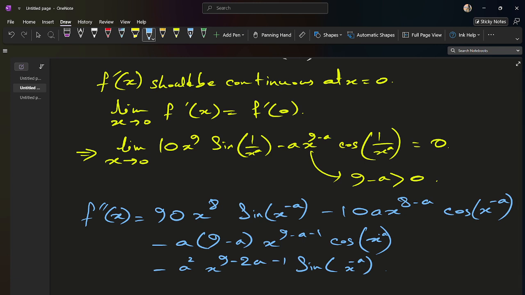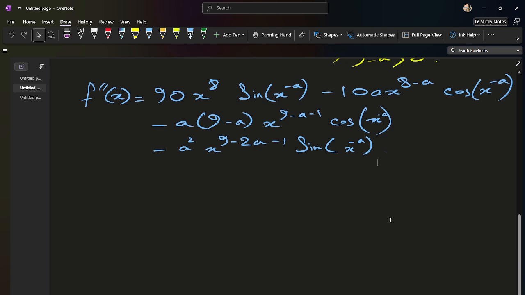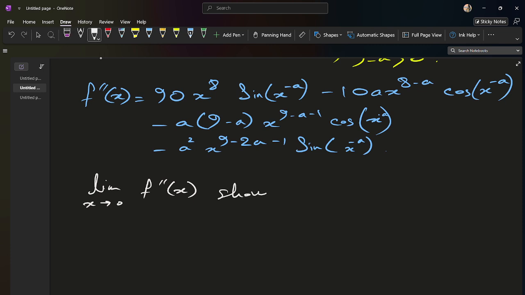As this is continuous at 0, the limit as x tends to 0 of f double dash x should exist.